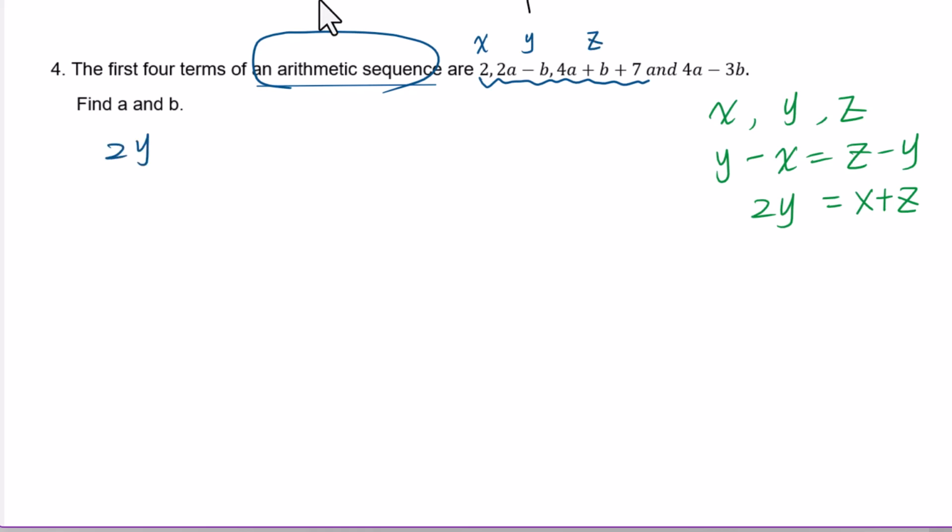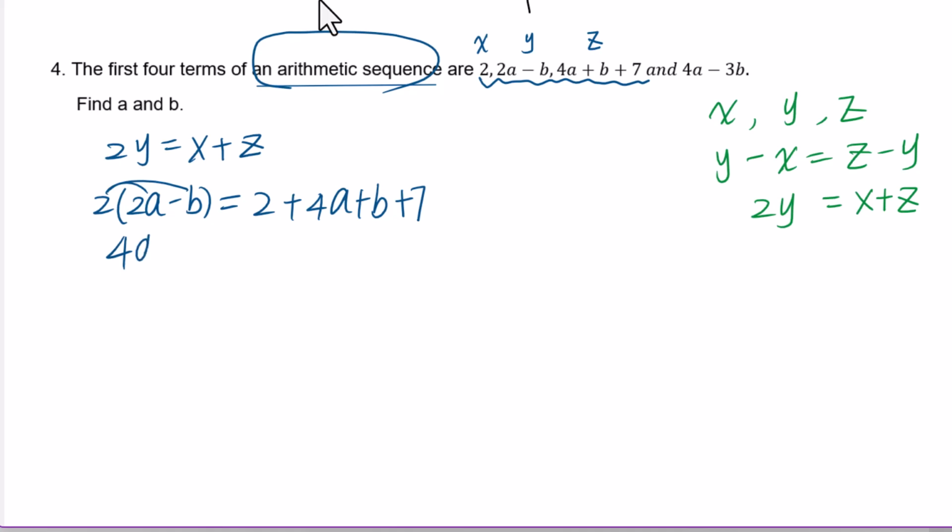So 2y equals x plus z. 2 times 2a minus b equals 2 plus 4a plus b plus 7. Simplify: 4a minus 2b equals 4a plus b plus 9. Cancel 4a both sides. Negative 3b equals 9. So b equals negative 3.